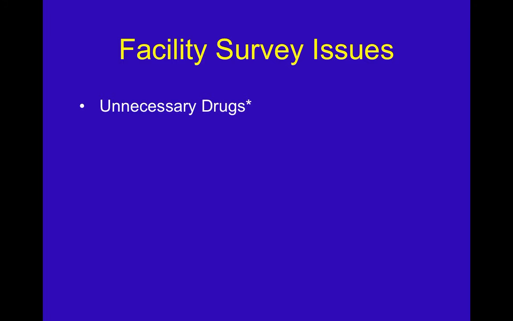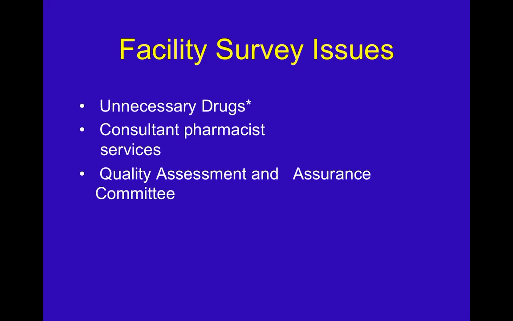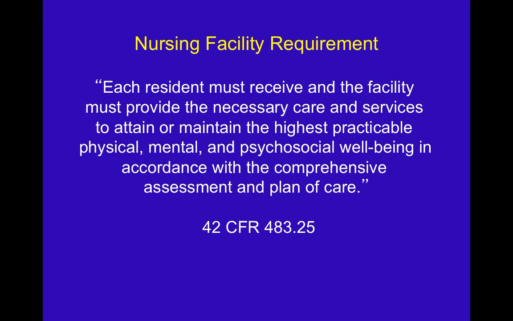They also look at unnecessary drugs, and at how well the consulting pharmacy services is being done and how well it's being received by physicians. There also is a quality assessment and assurance committee. This committee has to meet at least on a quarterly basis. I have found that nursing homes a lot of times will even meet on a monthly basis, and this committee will be looking at the various quality indicators, which please see in the other taped lecture that is posted for this week.